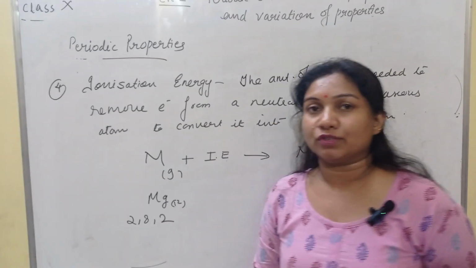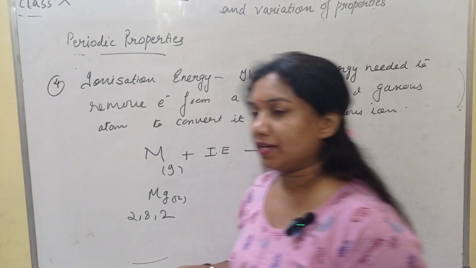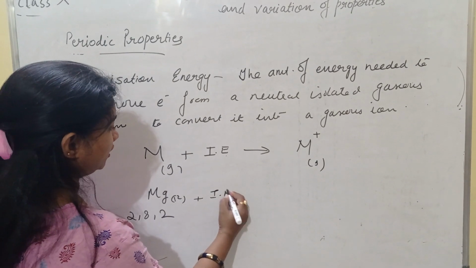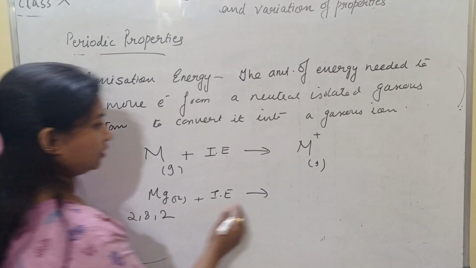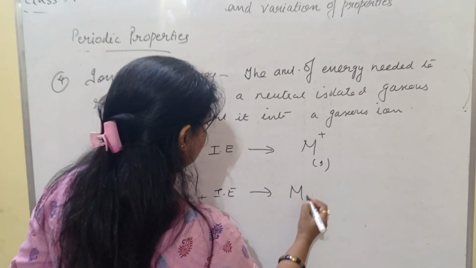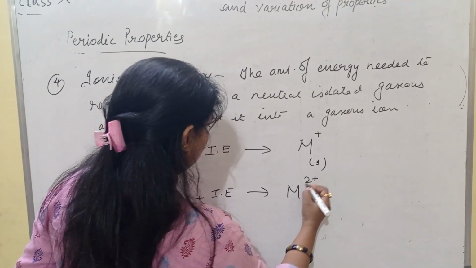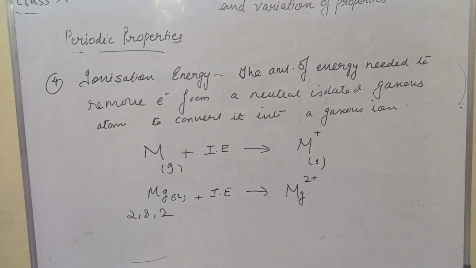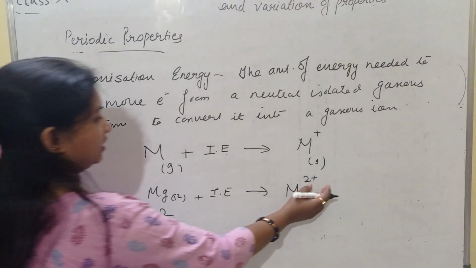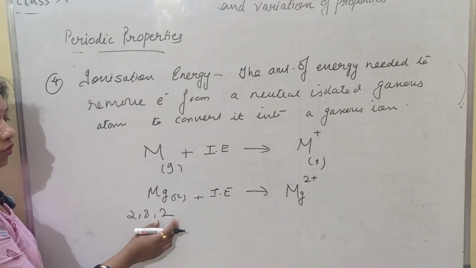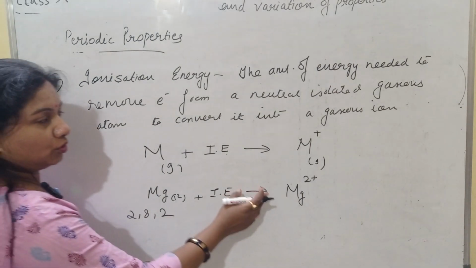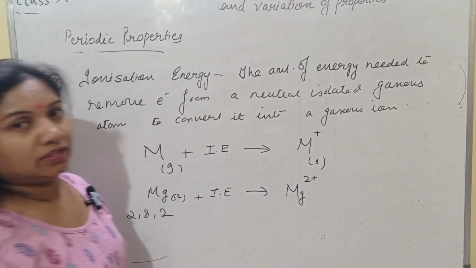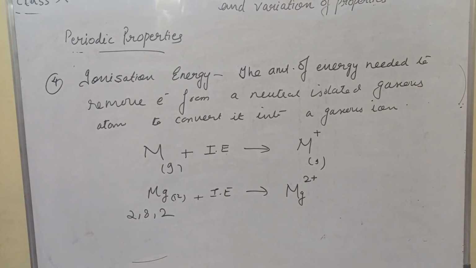We have to supply it with energy. That energy is called ionization energy, and after supplying this energy, these 2 electrons get removed and it gets converted into a positively charged magnesium ion with 2 plus charge. Why? Because it has removed 2 electrons, so there are 2 more protons than electrons, and that is why it has 2 plus charge.